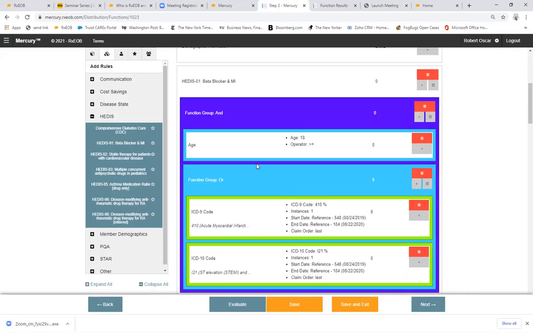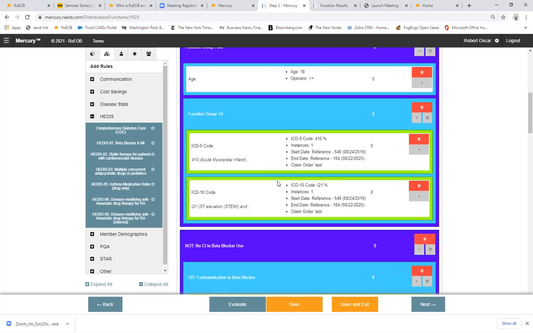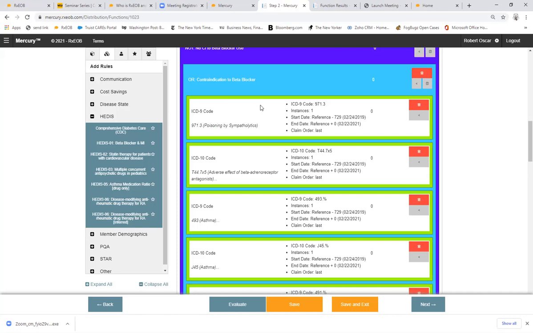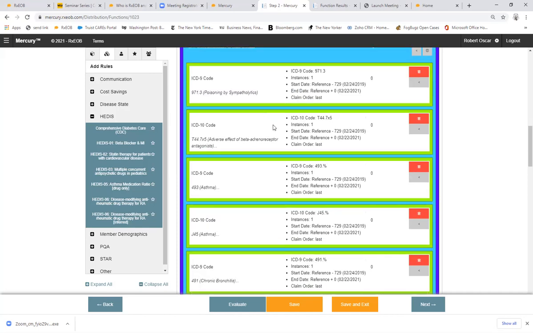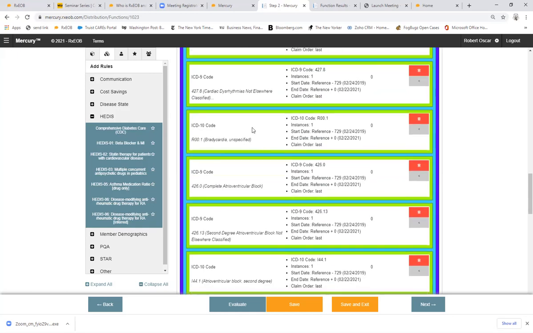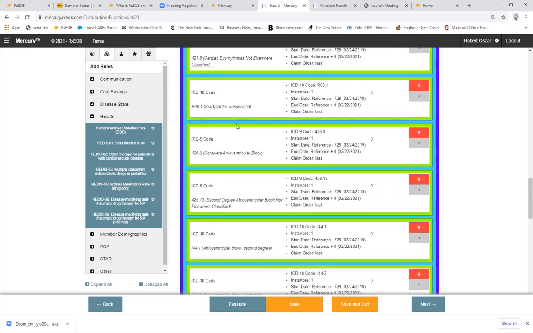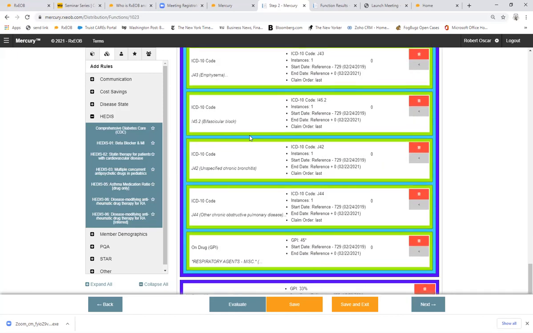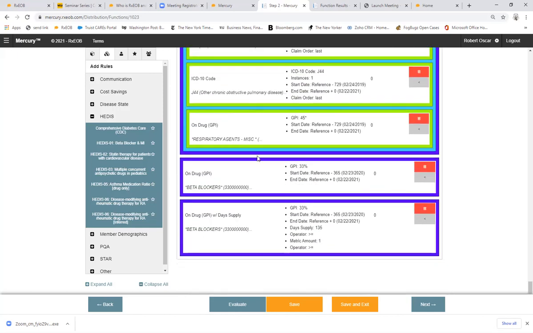You could do something more complicated, like the beta blocker group. So you want adults, you want people who've had an MI of some sort, but you want to pull out of the number those people that have a reason why they wouldn't want to take a beta blocker. Maybe they have asthma, maybe they've had a slow heart rate, or they've had AV nodal blockade, or there's reasons why you wouldn't want to put them on a beta blocker, and then identify them based on whether they are taking a beta blocker, and if so, under what circumstances.